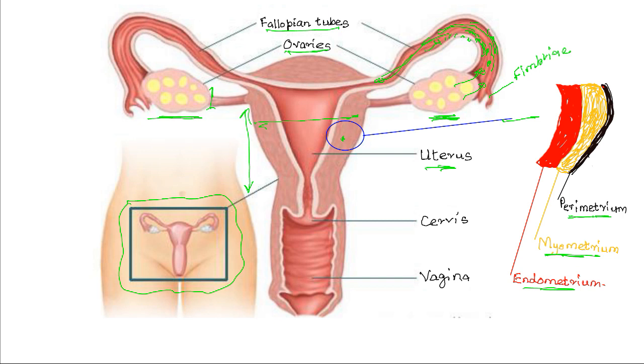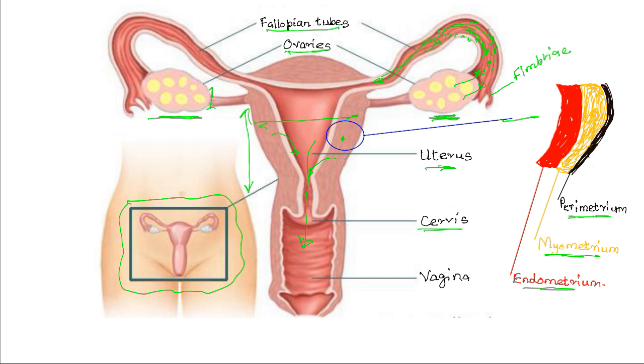If there is no fertilization, part of the endometrium breaks down and is passed out as menstrual flow. The endometrium provides the site for the embryo's growth and development during pregnancy.